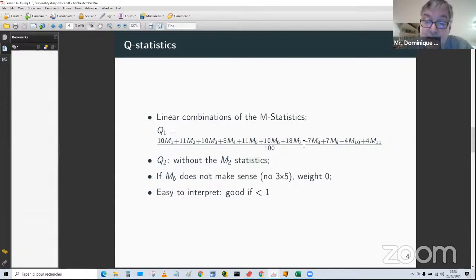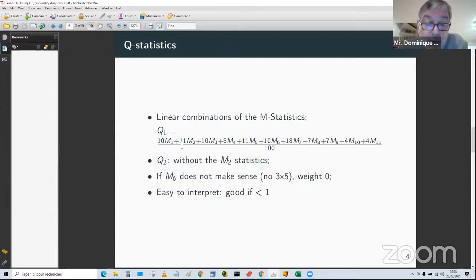If M7 is bad, it's very often linked to the fact that the seasonal component is very difficult to estimate, either because it is very tiny, or because the series is so noisy that you cannot really see it, okay? And you have here all the others.